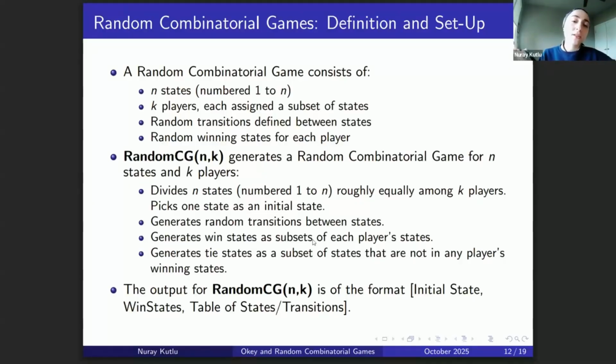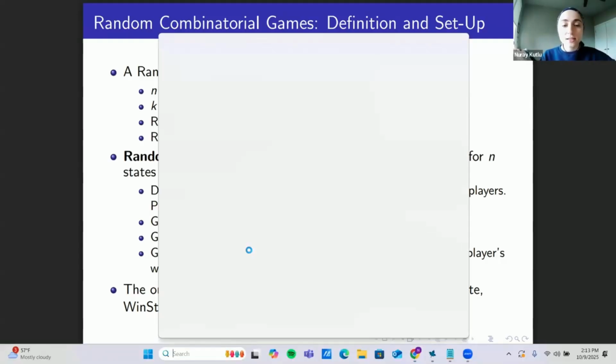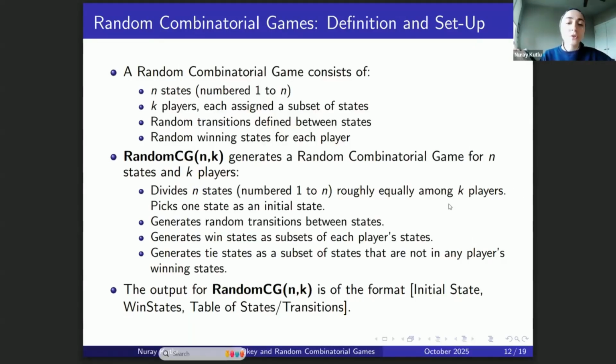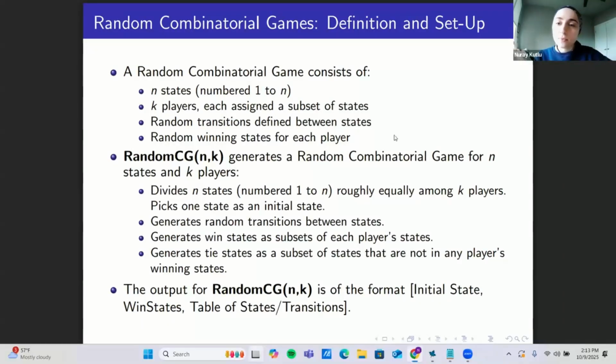It generates random transitions between the states, generates win states as subsets of each player's states, and tie states, which are also a subset of the states, but a subset that is not in any of the players' win states. And the output for randomCG is in the format initial state, win states, and the table of states and their transitions. This can be used later for simulating it.